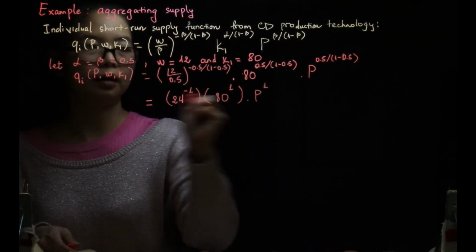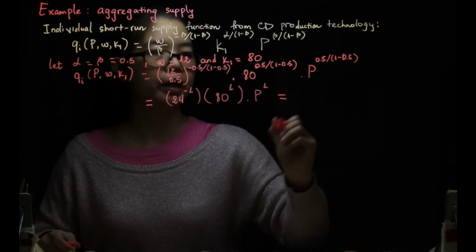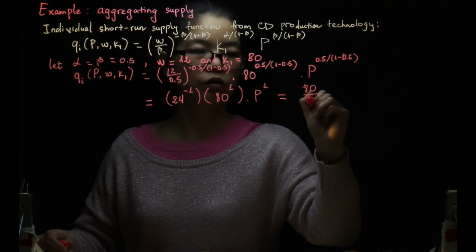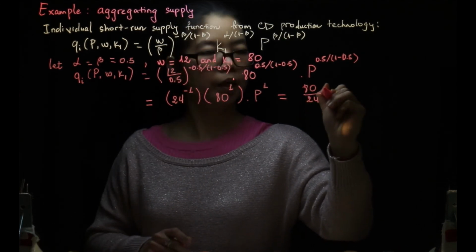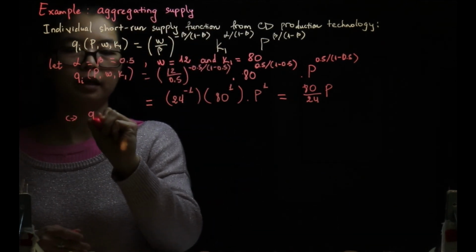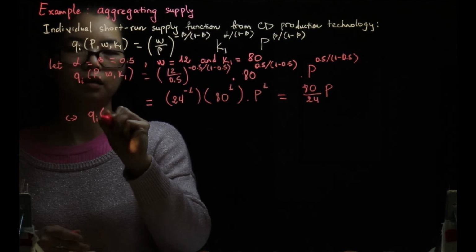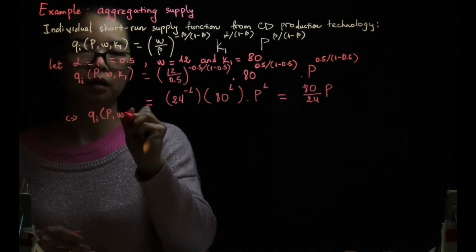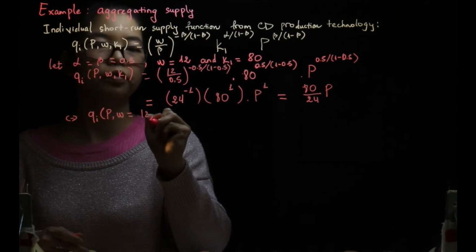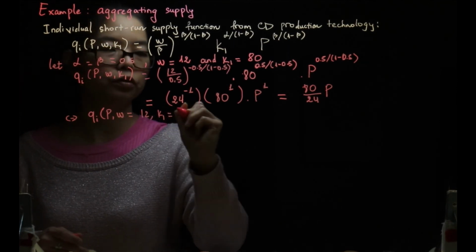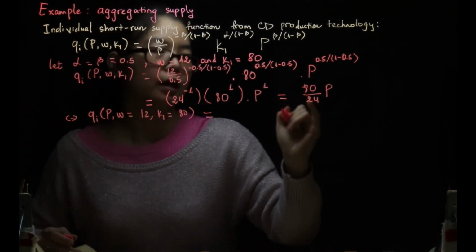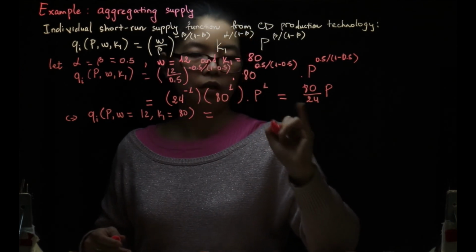Then at the end, that will be 80 over 24 P. So we could rewrite it here again. P, W equals 12 and K1 equals 80, right? Which is now 80 divided by 24.